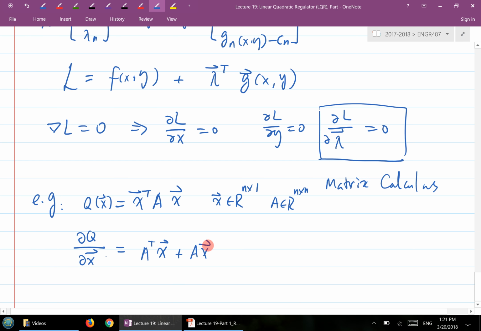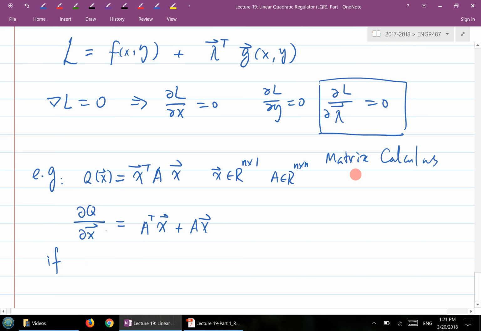Good? Yeah. And in our particular case, there's a very special case. If A is a symmetric matrix, symmetric matrix means the transpose of the matrix is the same as itself.